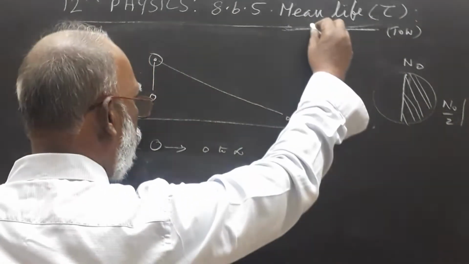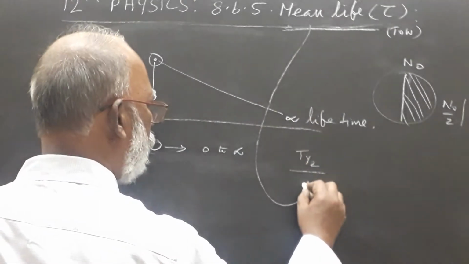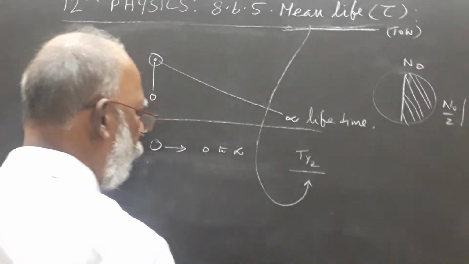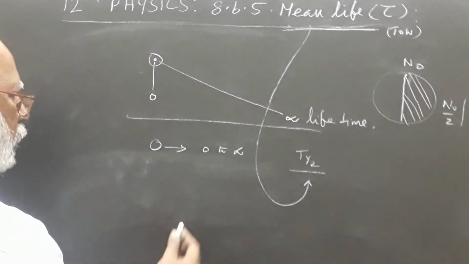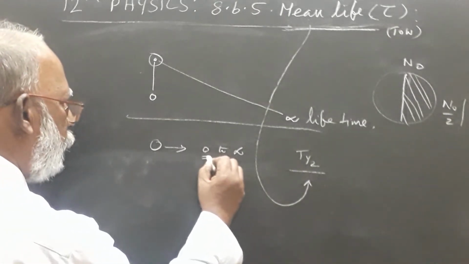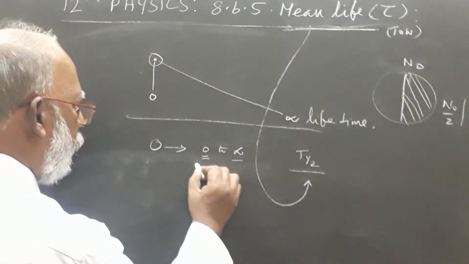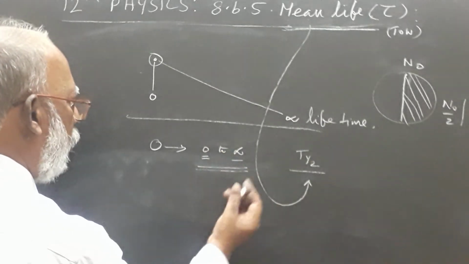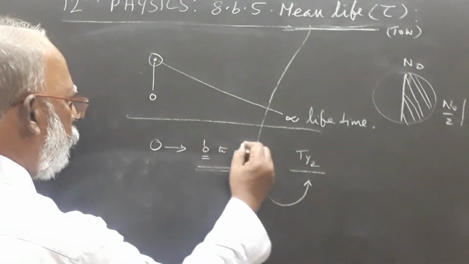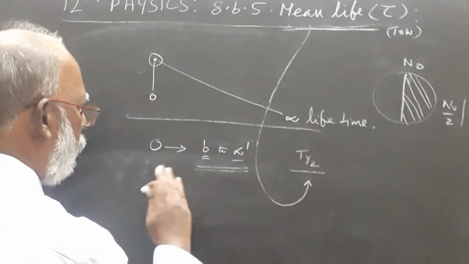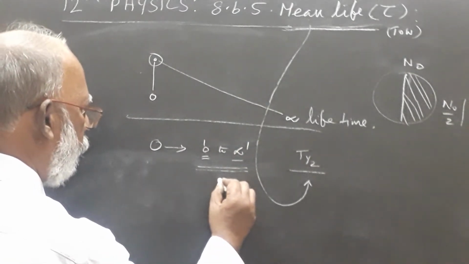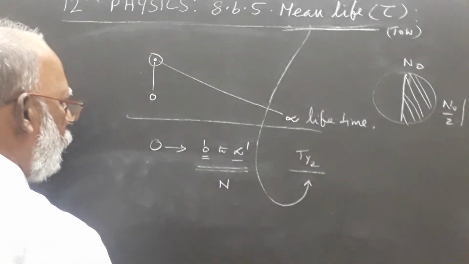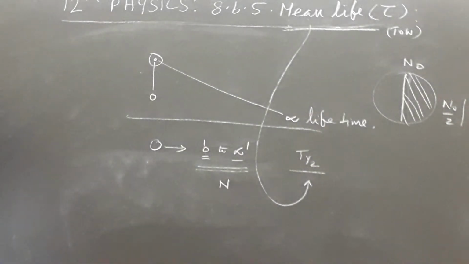Sometimes mean life is more essential than half life. Mean life is nothing but, between 0 and infinity, we calculate the total lifetime from the initial to the last nucleus, add the sum of these, then divide by the total. That's the ratio between these two things.